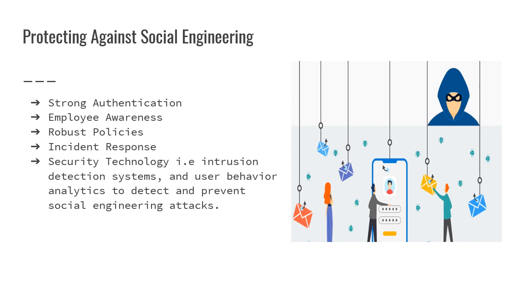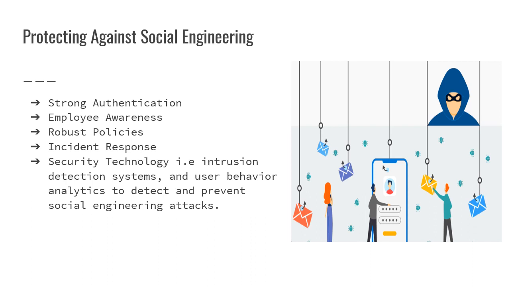To protect against social engineering, there should be strong authentication. How to authenticate someone into the system should be very strong. Your password should also be very strong. Employee awareness and robust policies are needed, on how information is granted to people. There should also be incident response.